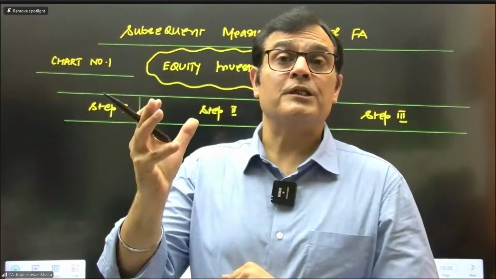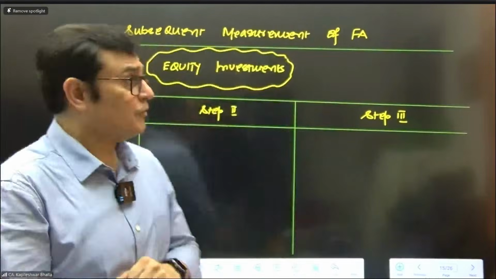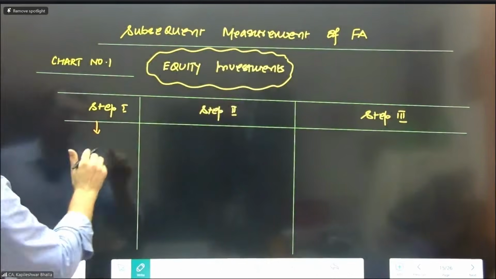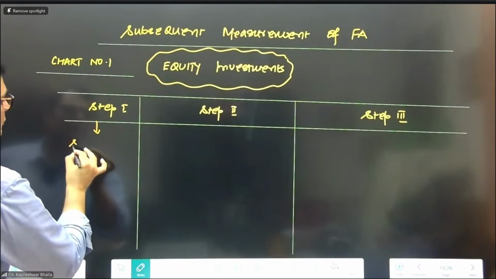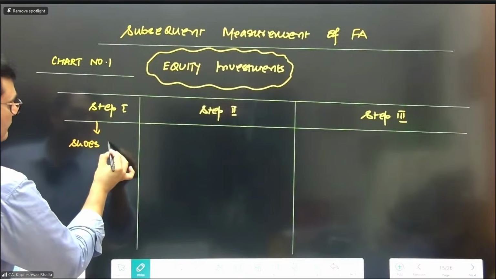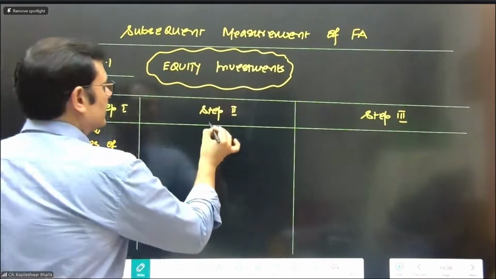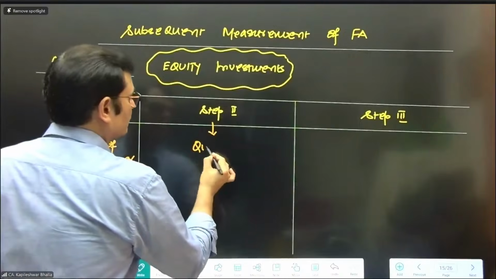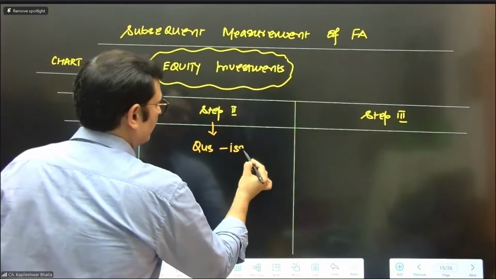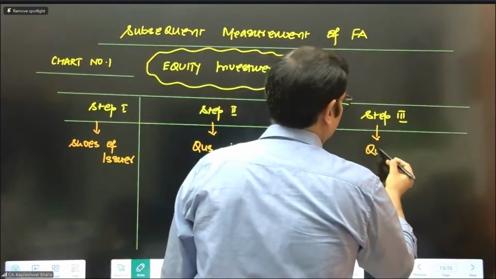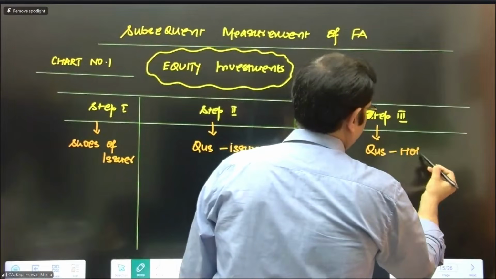The step number three is putting a question to the holder. So your focus needs to be clear in terms of step one. I'm putting in this chart that you step into the shoes of the issuer. In step number two, we'll put a question to the issuer. And in step number three, we will put a question to the holder.